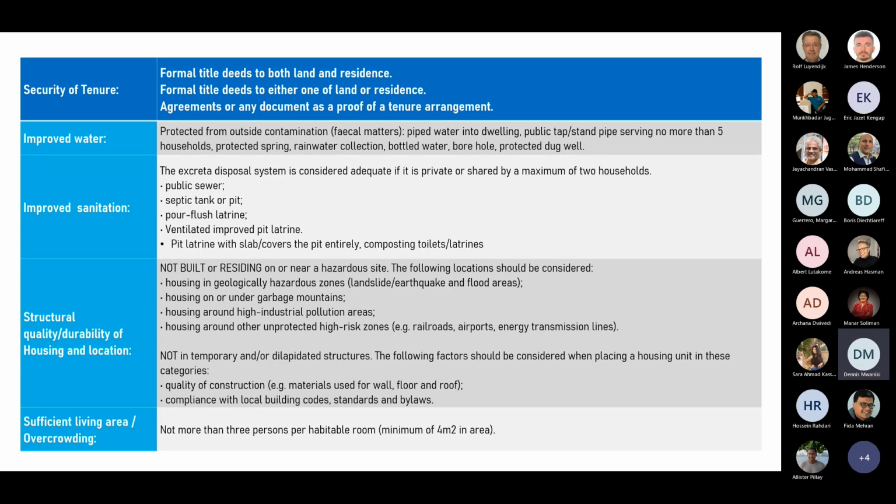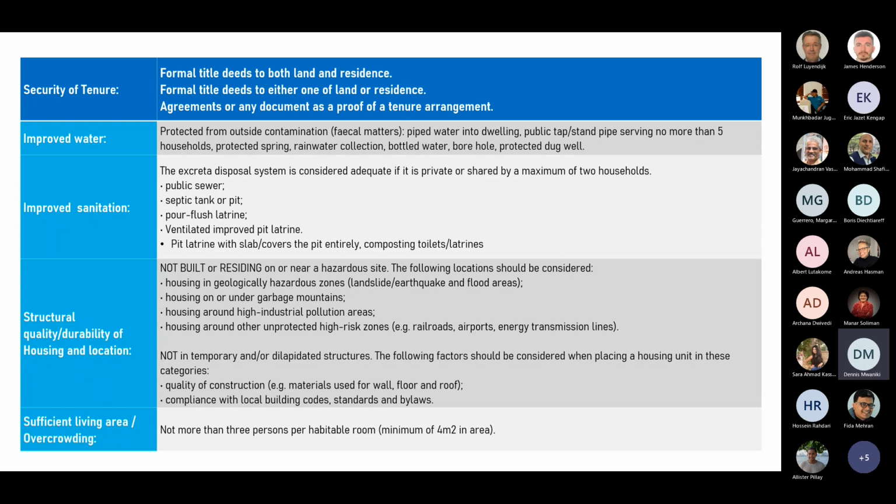For improved water and improved sanitation, we use the definitions under the JMP, and we look at the different components of the improved basic service that looks at contamination of water sources from fecal matter and other attributes. So here we consider the classifications of piped water into dwelling, public tap, the water tap not serving more than 5 households, aspects on the protected spring and other sorts of water sources that are categorized as improved.